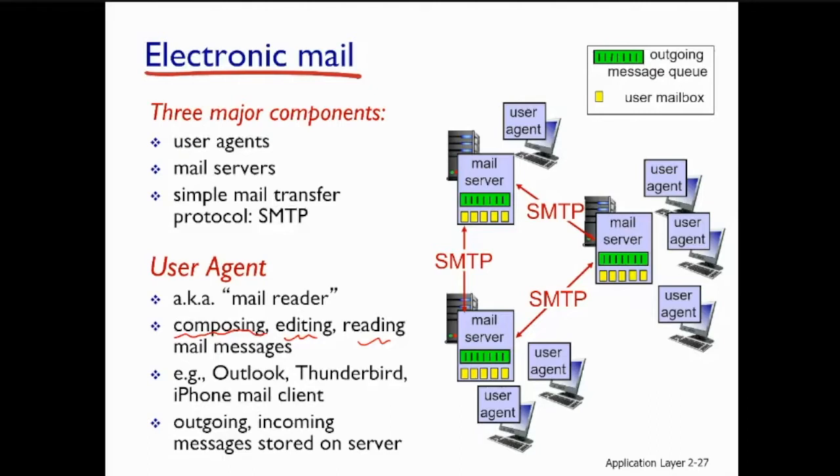Whenever we have to transfer information, here is the user agent. Maybe I'm running Apple Mail here, or maybe Outlook, or I'm using a web browser, whatever. And the second entity is the mail server, such as Gmail or Hotmail, where the messages are maintained and stored.